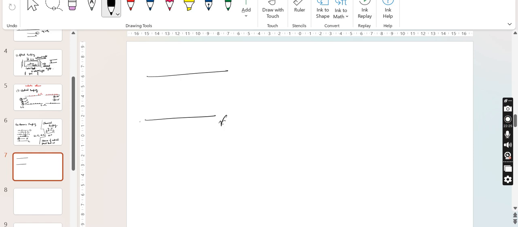Now, till now, we have been talking about only two levels, E0, E1, or N1, N2, whatever. It is a two-level system.